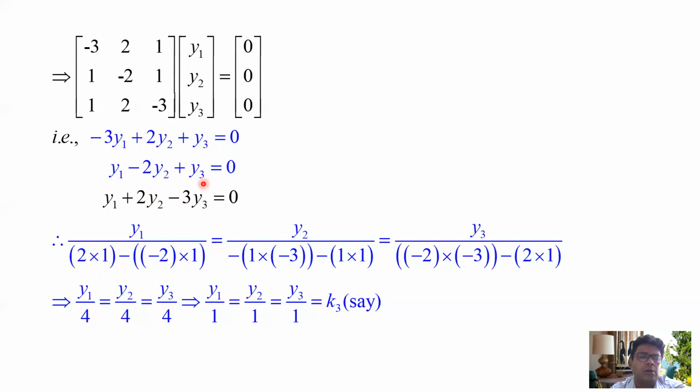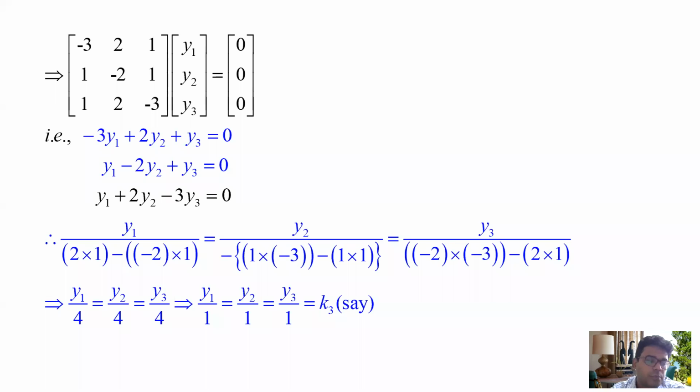Now from the first equation, y1, you already know the cross multiplication technique. 2 into 1 minus of minus 2 into 1 is equal to, plus, is equal to y2, minus common first outside. Now using cross multiplication, minus of minus 3 into 1, this into that.